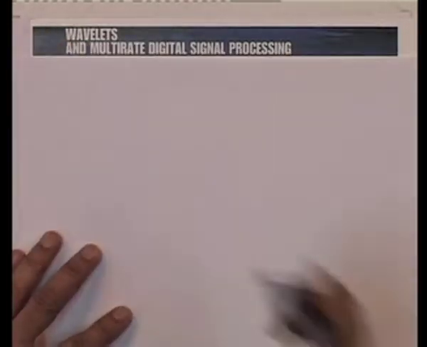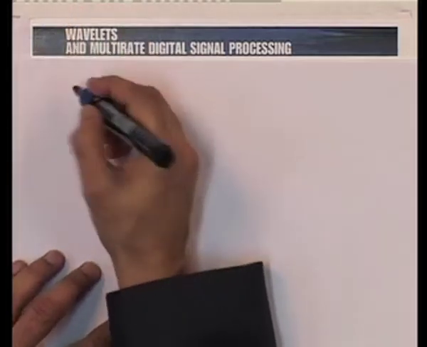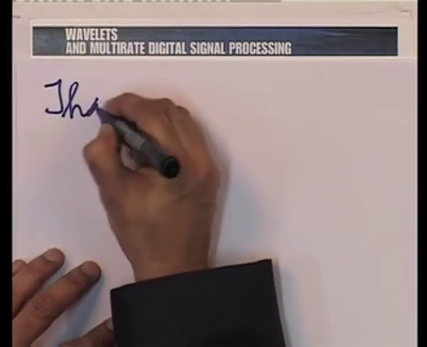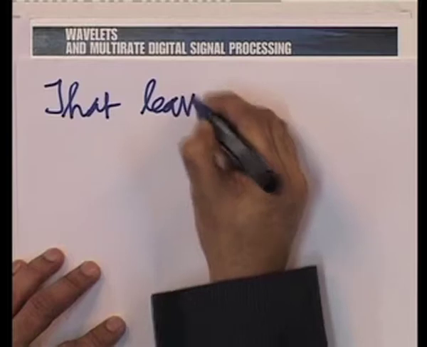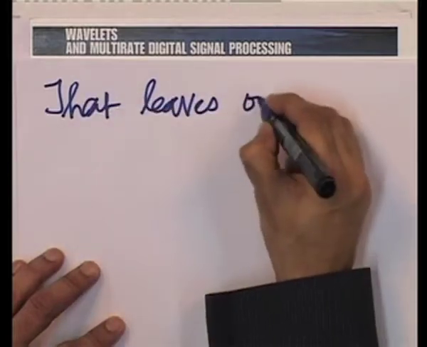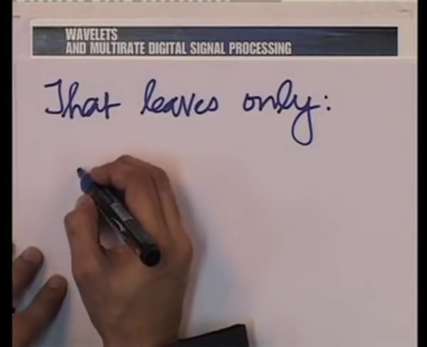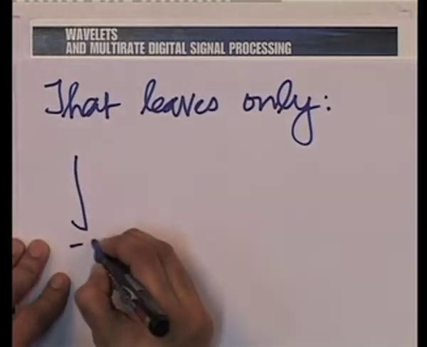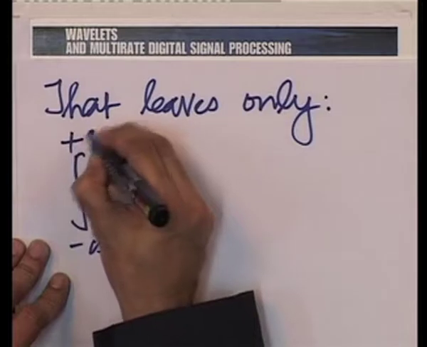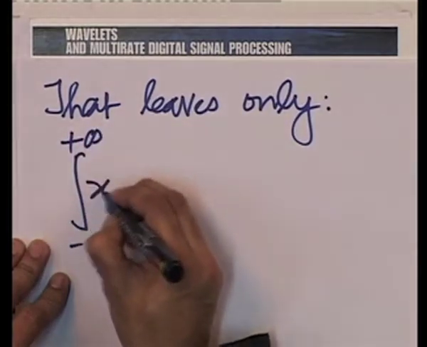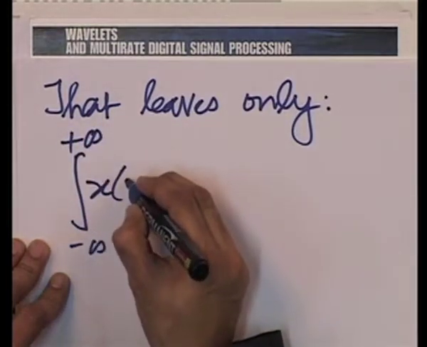That leaves only one integral now, the integral on tau naught. And what is that integral on tau naught?